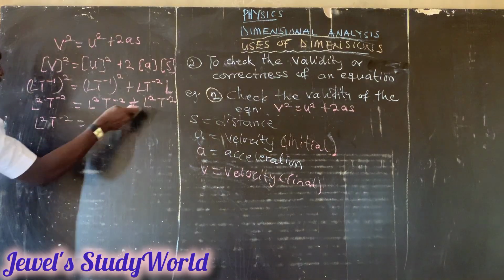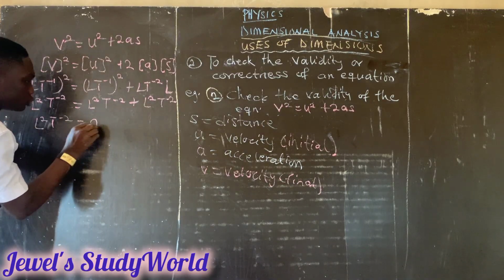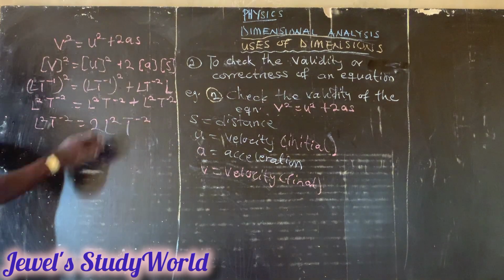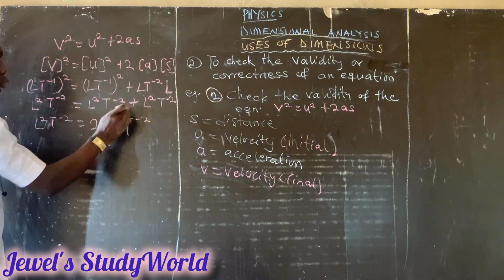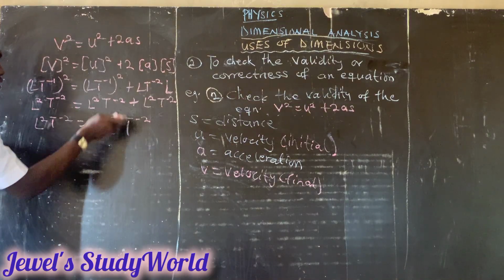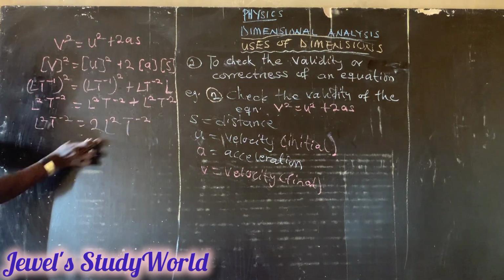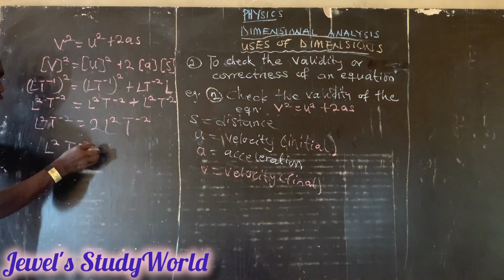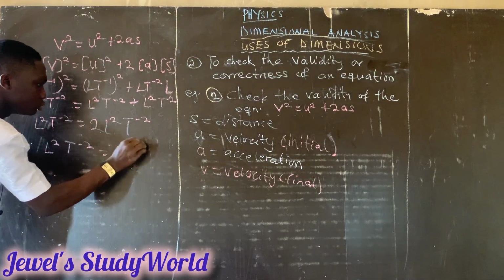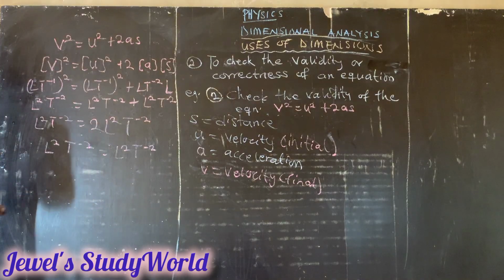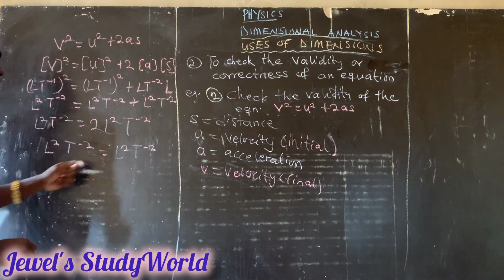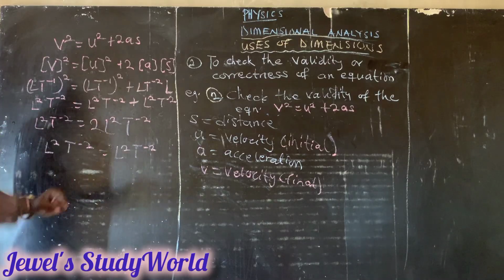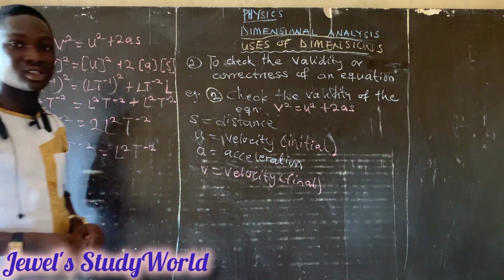So this plus itself giving us 2L T negative 2. So if here was A, we have A plus A giving us 2A. So you have 2L T negative 2. And since the 2 is dimensionless, you have that L T negative 2 is equal to L T negative 2. And since the dimension on both sides of the equation is the same, we have that the equation is dimensionally valid. Let's see our last question for this video.